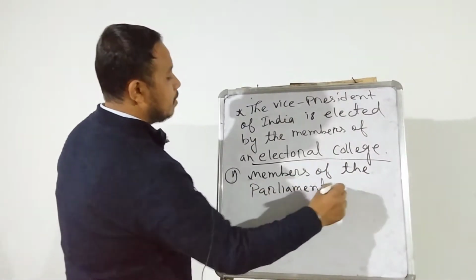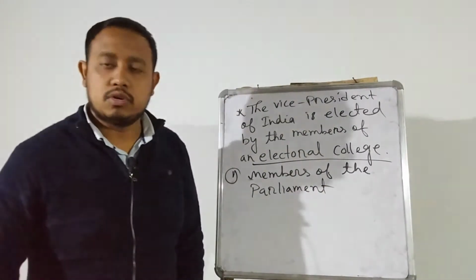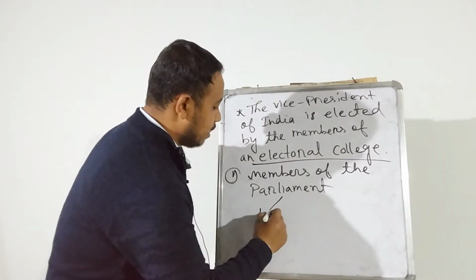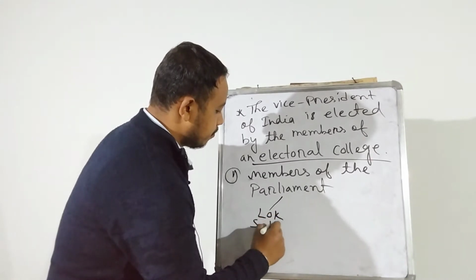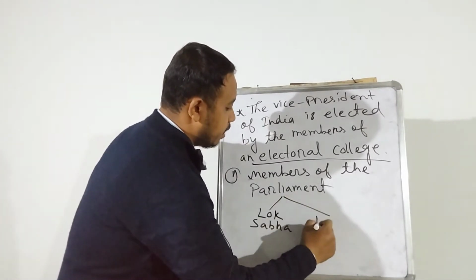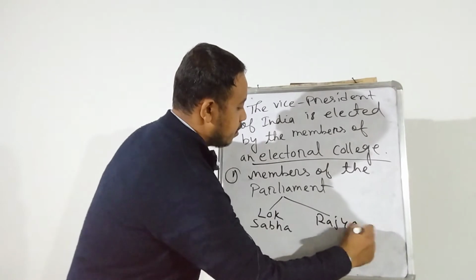Members of the Parliament means both Lok Sabha and Rajya Sabha.